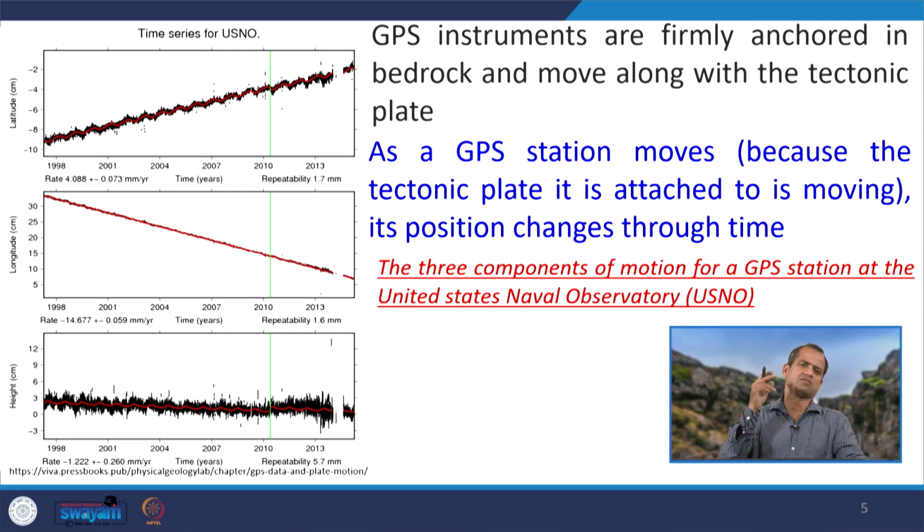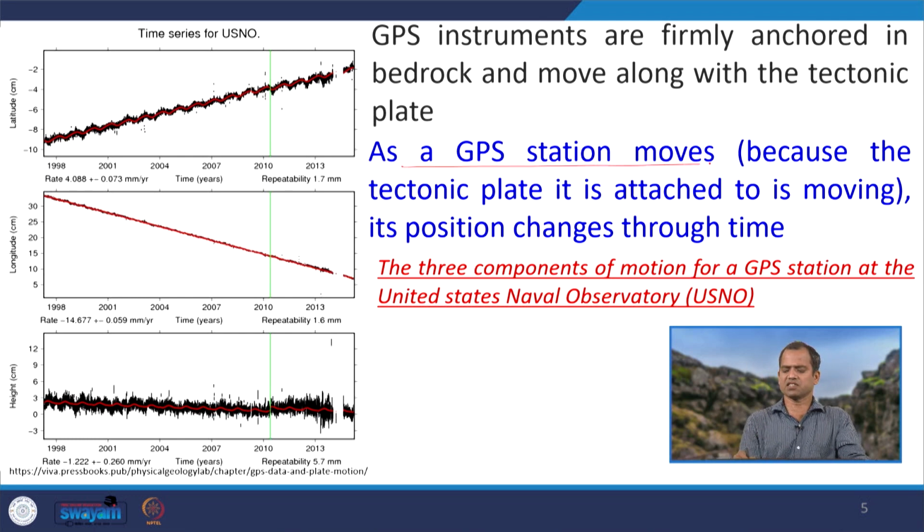So, on this firm bedrock we put our GPS, because once the plate is moving, this rock is also moving and interacting with the satellite system. So, we can say at what point of time what the latitude, longitude and altitude are, and at another point of time what the latitude, longitude and altitude are. In this way we can calculate the distance and the direction in which the place of observation is moving.